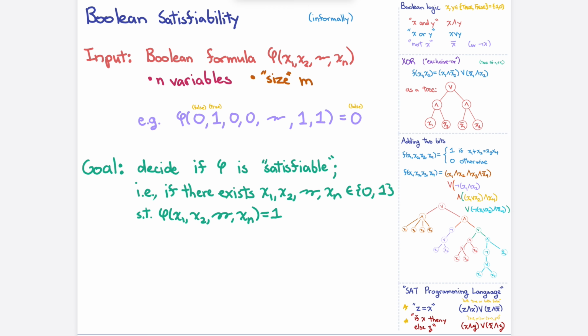You could try all possible combinations. So it'd be 2 to the n combinations, and evaluate the function and see if any is true. Okay, this is a very important point about this problem. At the very least, we can always try all possible inputs. Trying to find a solution is one question, but just evaluating a formula is not so hard.